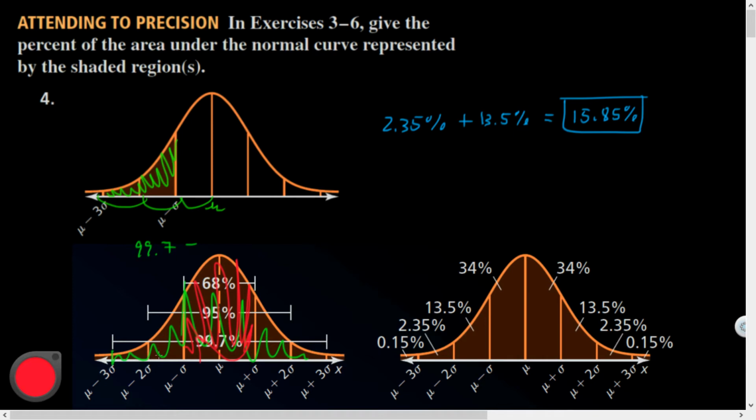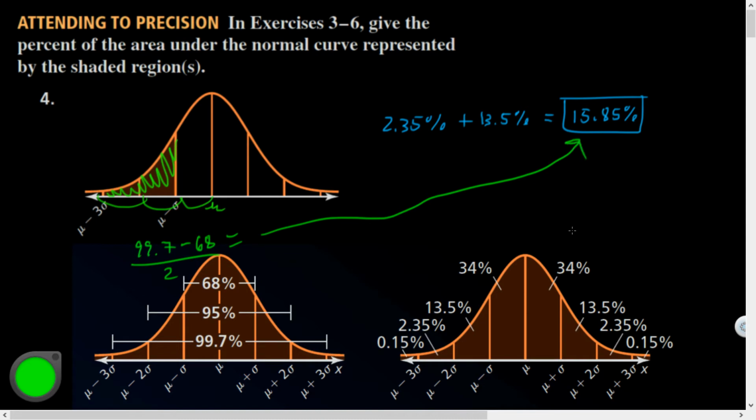I would have had the left side and the right side, so what would I have done to get rid of that? Well, if I have this and this, I only want half of it, because this graph is symmetric about this mean here. So this is minus 68, and if I divide that result by 2, I should end up with the same thing. So that's another way to do that one.